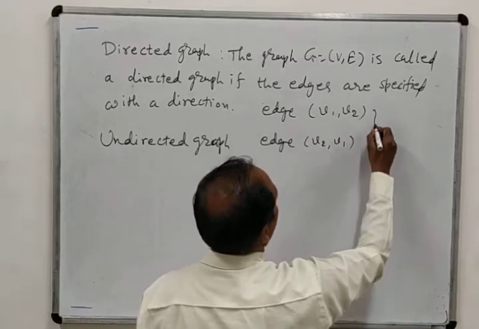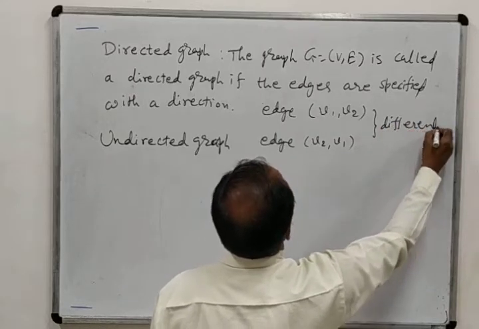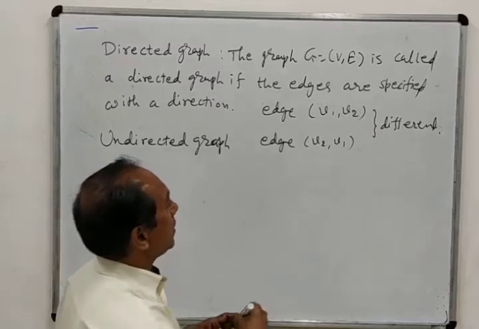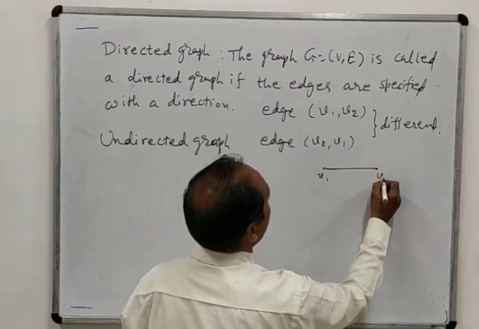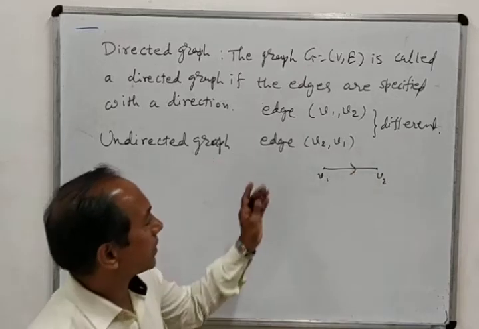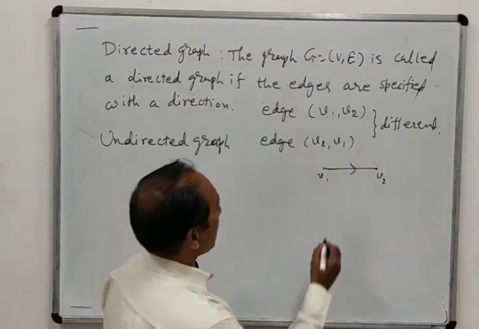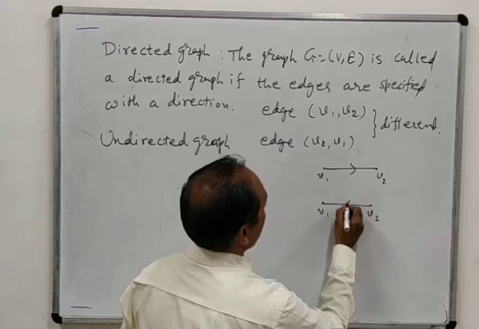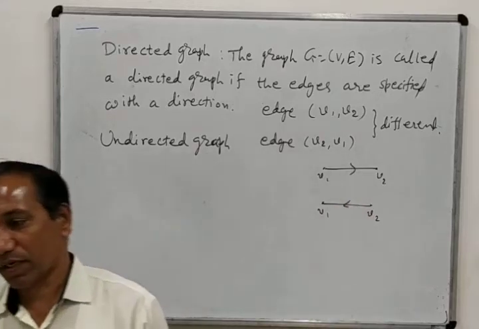Both are different edges, they are not the same. So (v1, v2) means the edge is from v1 to v2, drawn in this direction. But (v2, v1) means it is drawn in the opposite way. So both the edges are different.